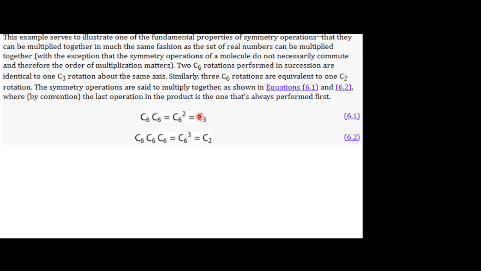Okay. And then you can do the same thing 3 times, and that would be a 180-degree rotation, right? And so notice if you take 2 C6s, you're going to get out a C3, aren't you? If you take 3 C6s, C2, right? Will be your answer to that product.